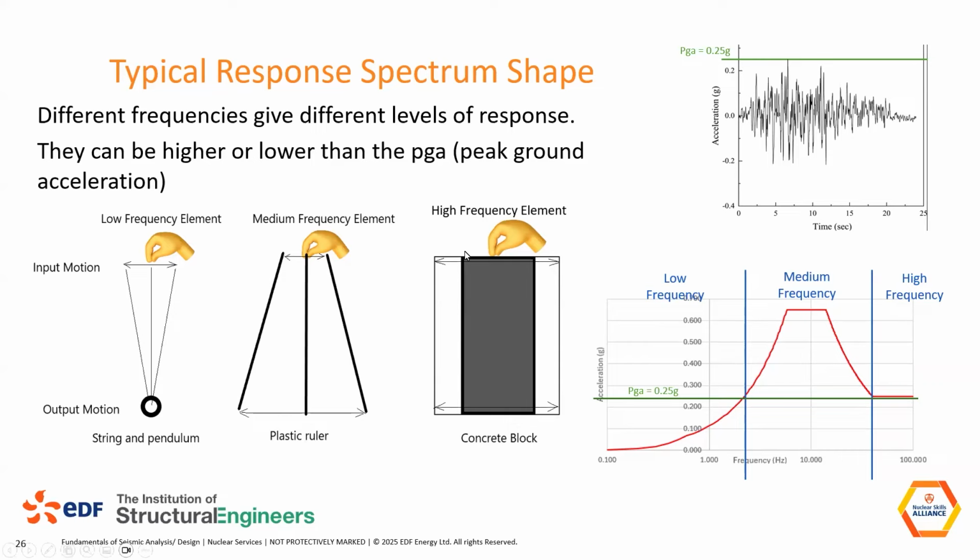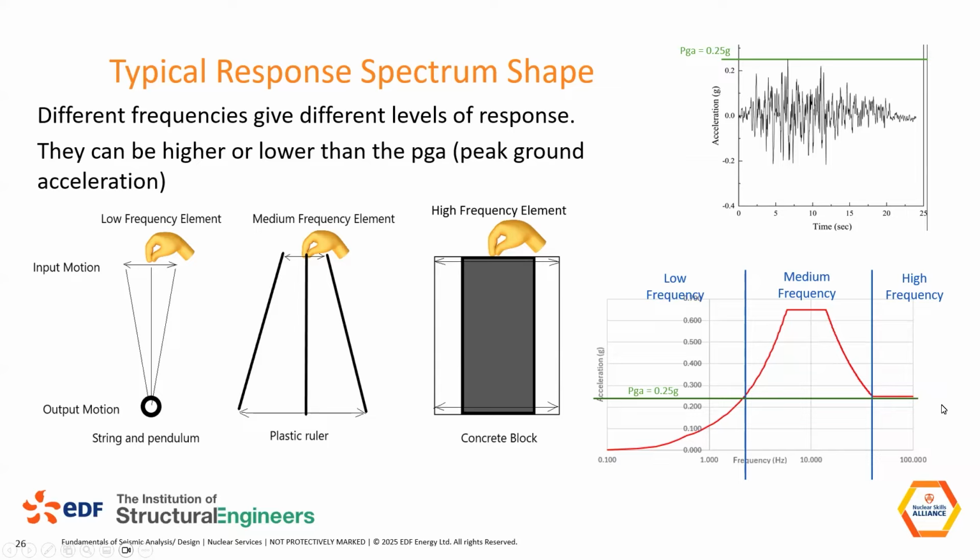And what happens here is I put in a motion at the top, and because this is so stiff, at least relative to the mass, the motion at the bottom is exactly the same. So this input motion at the top would be exactly the same input motion at the bottom, and the peak of the motion at the top is the same as the peak of the motion at the bottom. So it eventually plateaus, but it doesn't plateau at zero. It plateaus at the peak ground acceleration of the input motion.